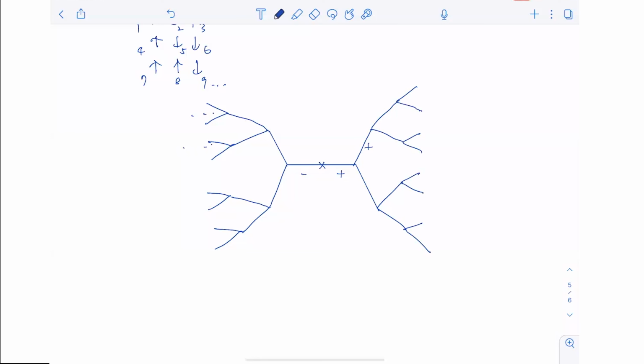Let me define the right branch. What's up is going to be the plus branch, and the other side is similar.